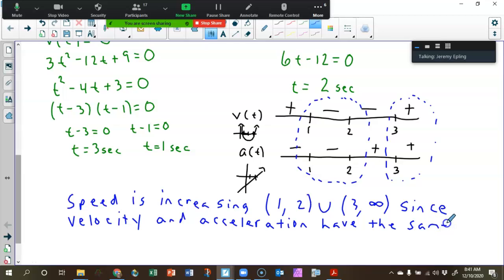They're working together, those two vectors. And not only did we find out where speed was increasing, we also justified where that speed is increasing.